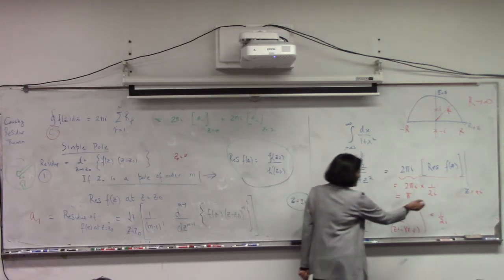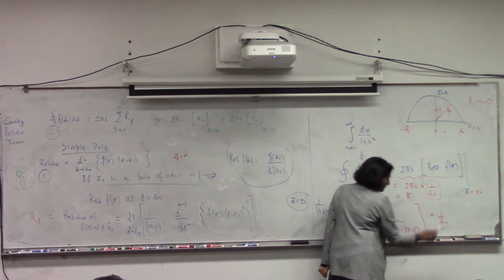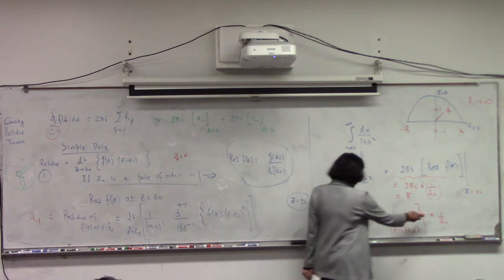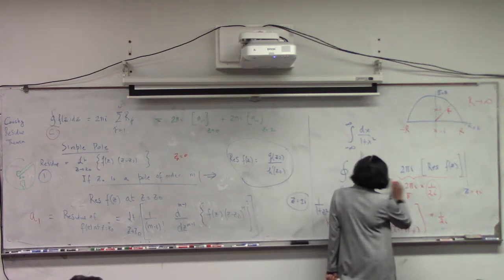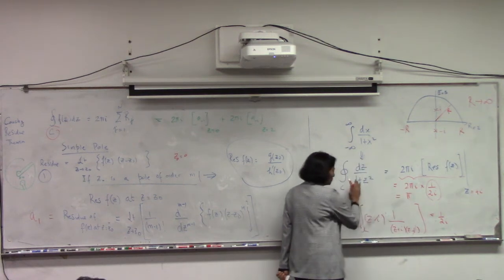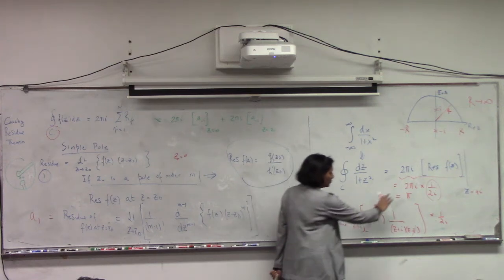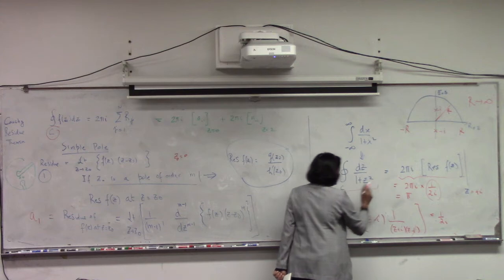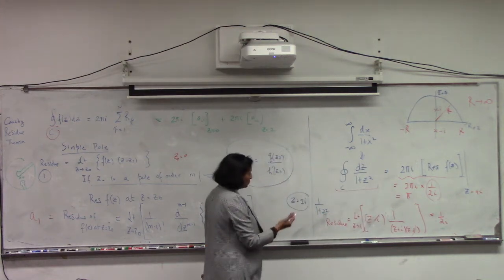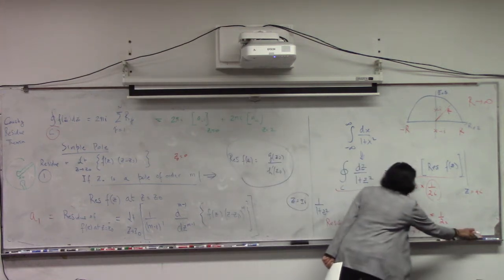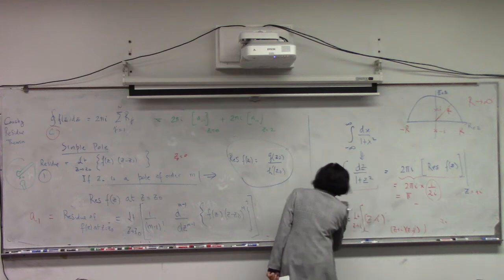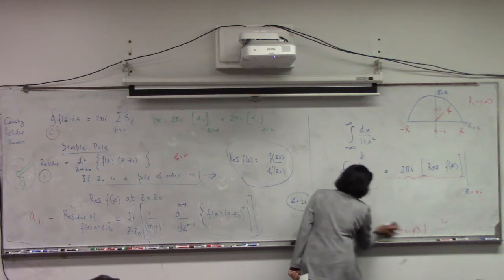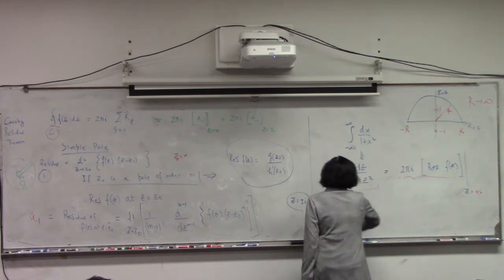Because the residue is calculated using that formula, which is 1 over 2i. And the Cauchy residue theorem says the closed contour integral of f of z dz is 2 pi i times the residue. So you have to calculate that. Now this part, we need to break into different parts of the closed contour. If this you understood, I'm going to write my right hand side as pi.